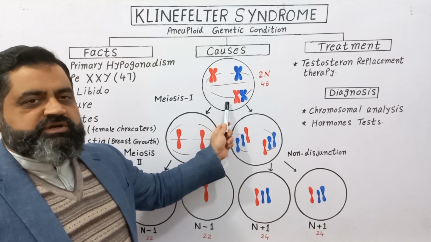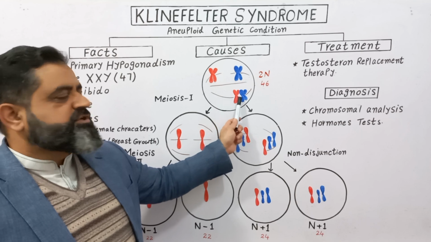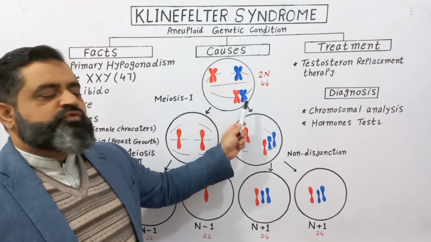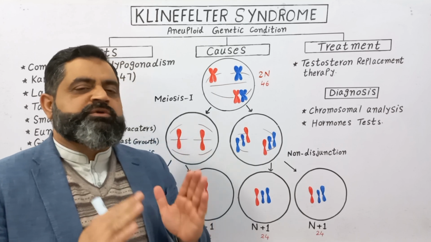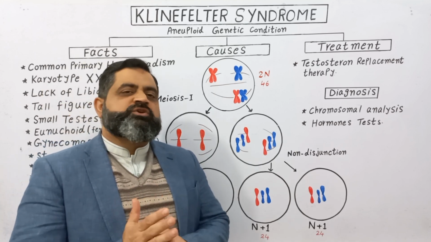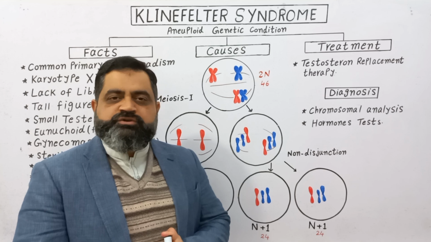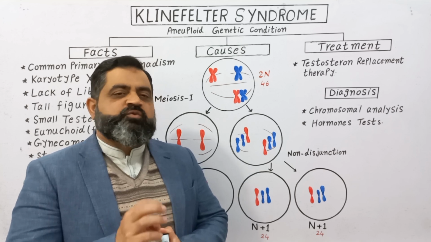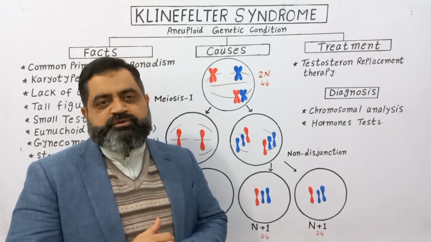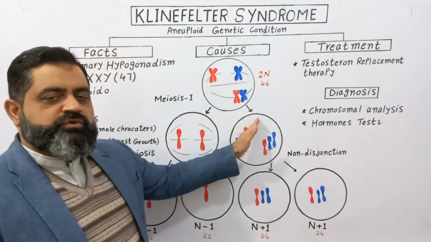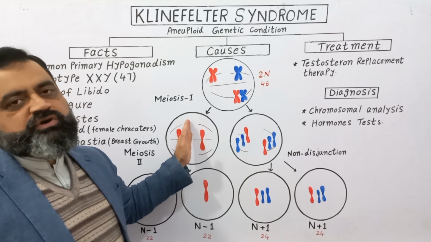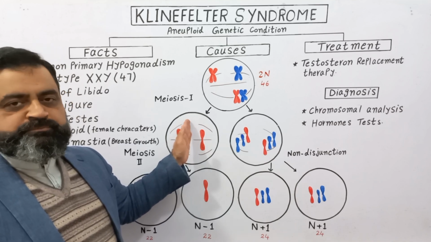Total non-disjunction takes place and both of these chromosomes move into a single cell. As a result, there will be two cells, one with 22 chromosomes, one missing, and one with an extra chromosome, which is 24.